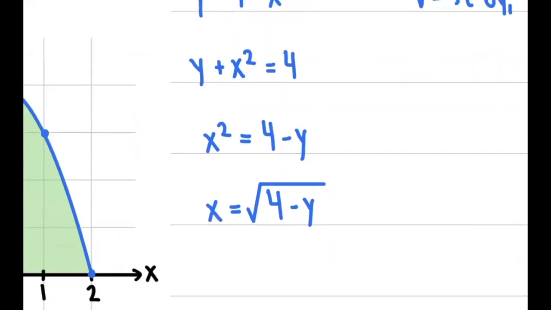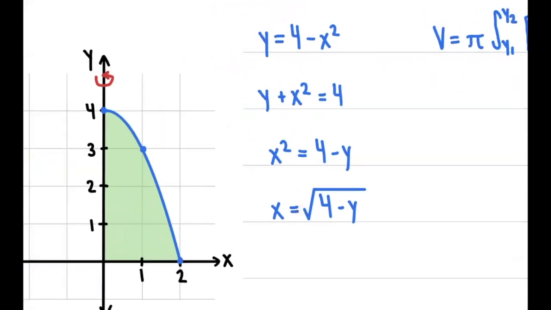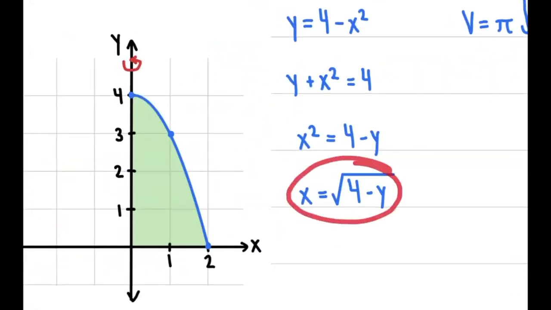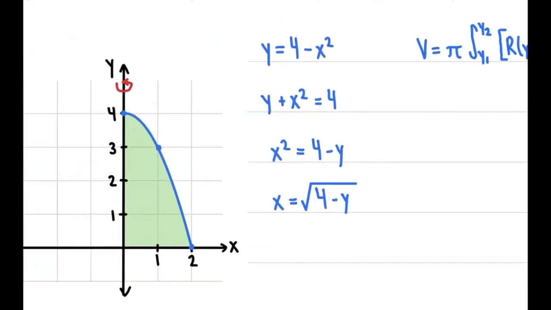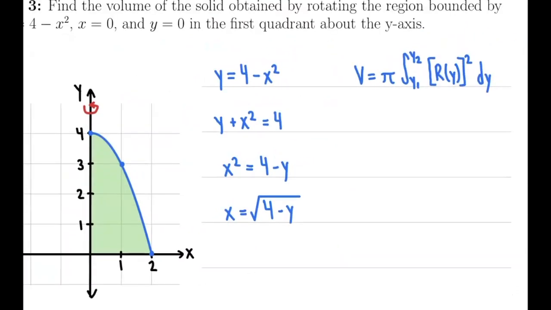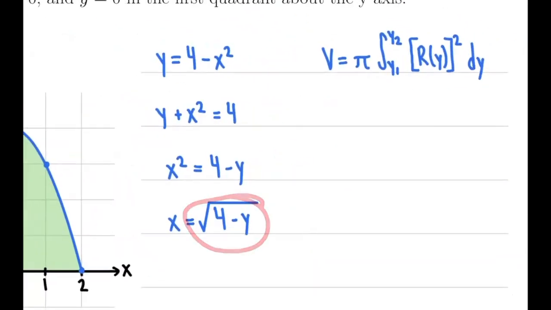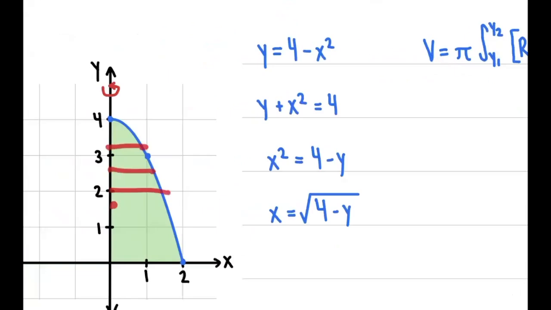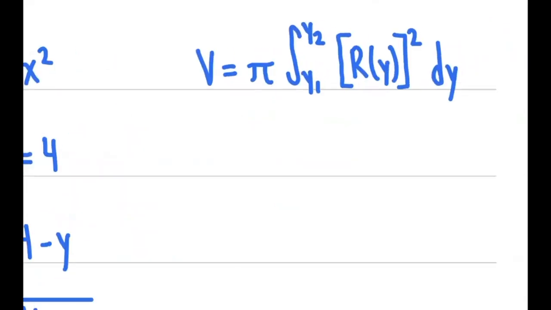So we're not doing plus or minus again because we're just doing the right half, and all the x's are greater than or equal to 0. So this is our radius function. It's a function of y now, because the x value gives the radius. These distances are the square root of 4 minus y. So let's plug that in here.